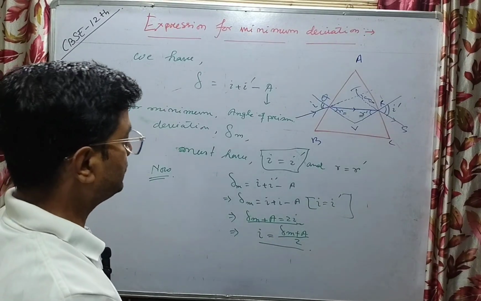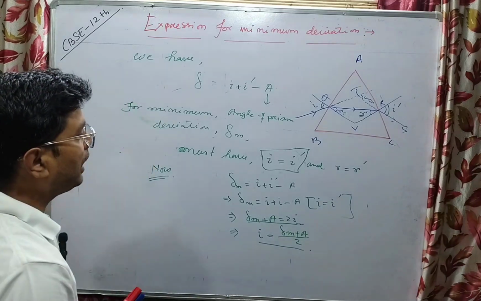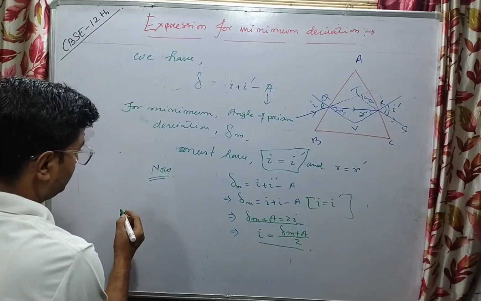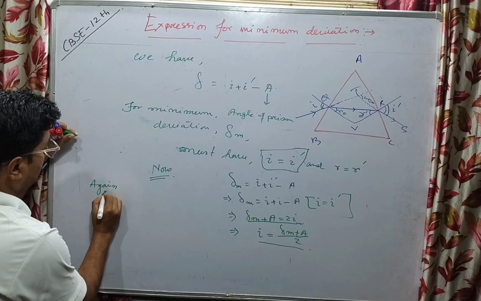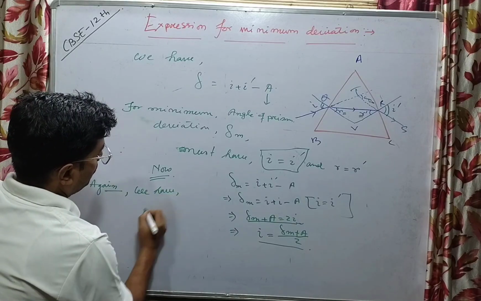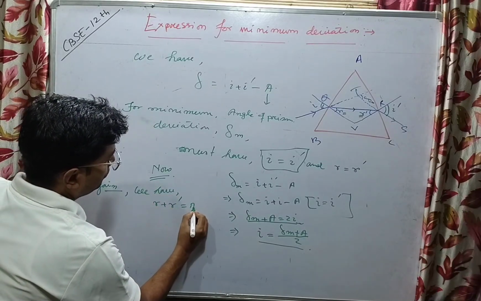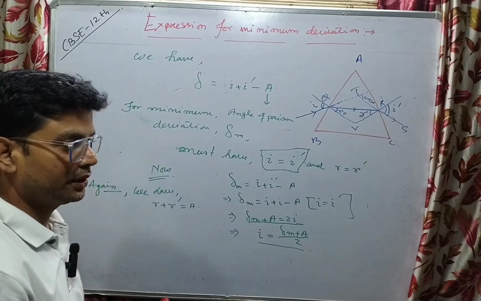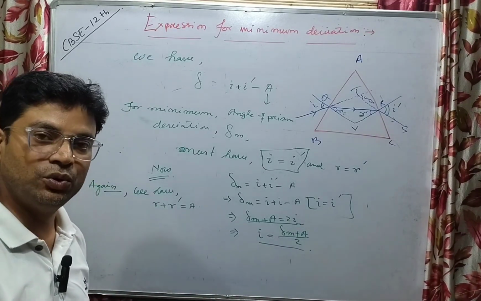Now again, students, R is equal to R dash. We have R plus R dash equal to A, which I discussed in my previous video also.